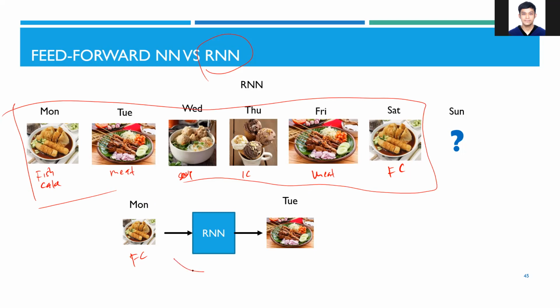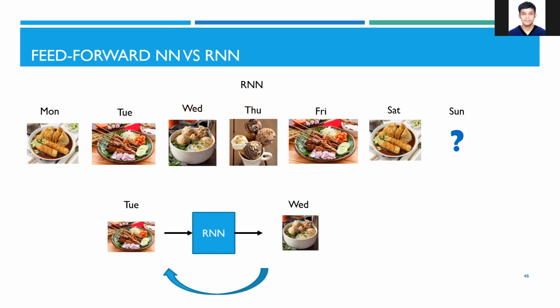Then the output is meat, for example. From Monday to Tuesday, we use the data for Monday to predict the output for Tuesday. And then we use that output as the input to predict what will be eaten on Wednesday.